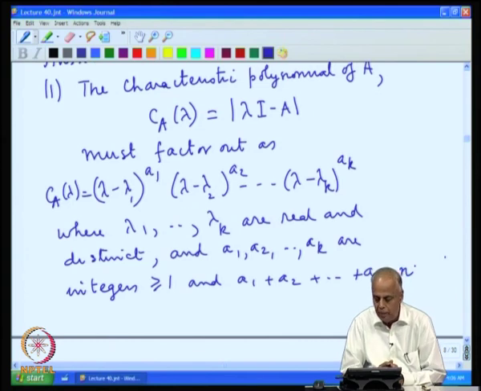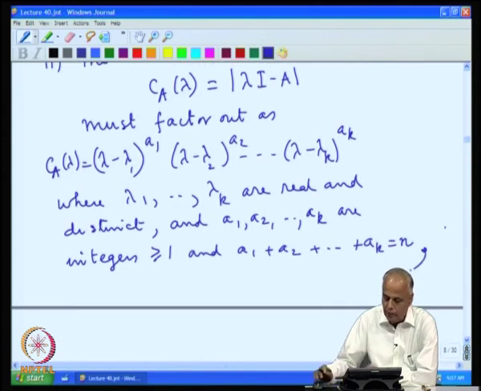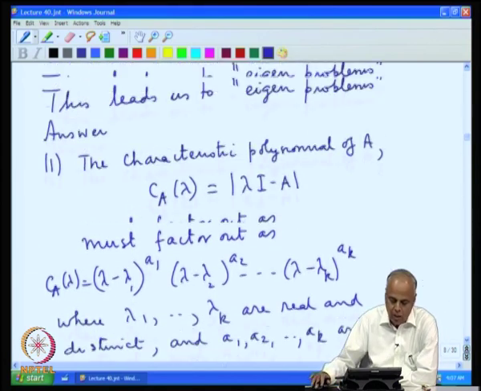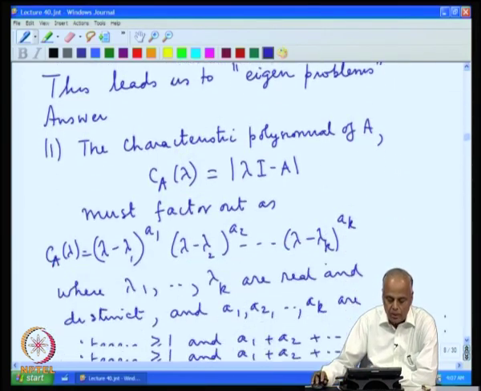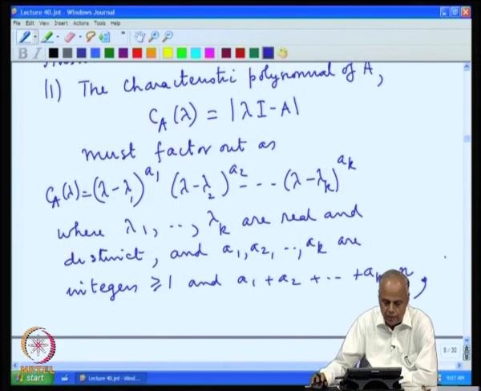So, the first requirement is that the characteristic polynomial of A factors out like this. Then we call lambda 1, lambda 2, lambda k the distinct eigenvalues of the matrix A, and a 1, a 2, a k were referred to as the algebraic multiplicities of these eigenvalues. Then that was the first condition. So, the conditions we are asking for consist of many parts. The first part is that the characteristic polynomial must factor out as pointed above.